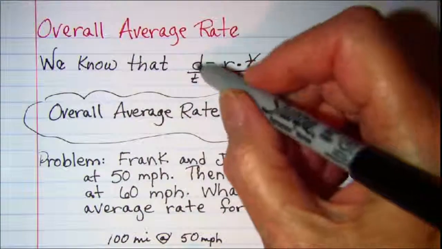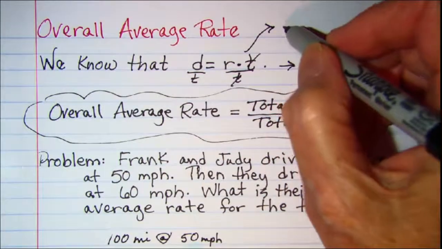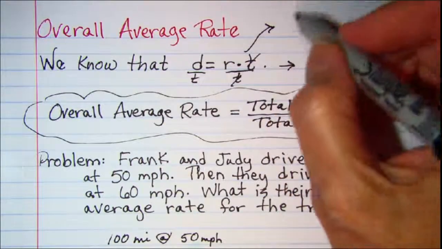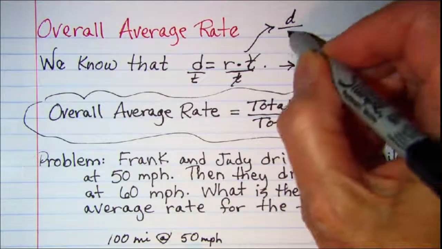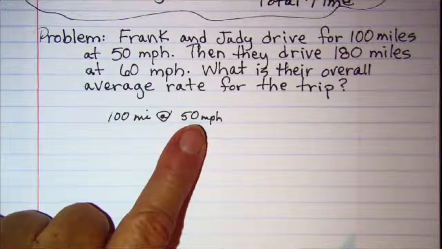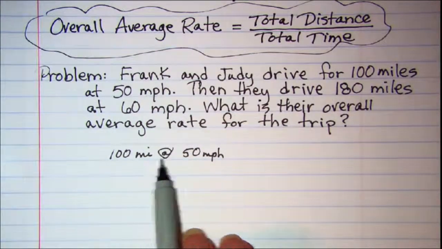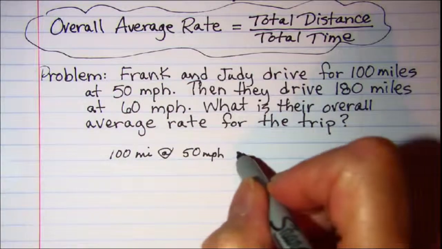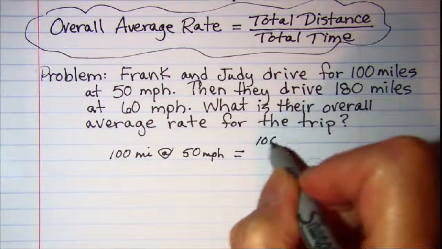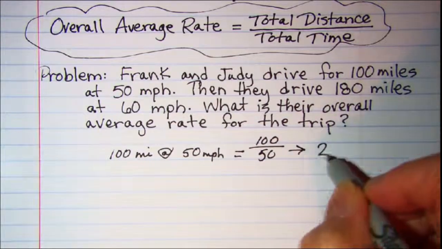I can take this equation right here, and if we divide both sides by rate, I have distance divided by rate is equal to time. So to get my total time, I'm going to need to get my time on this one. 100 miles at 50 miles an hour is 2 hours.